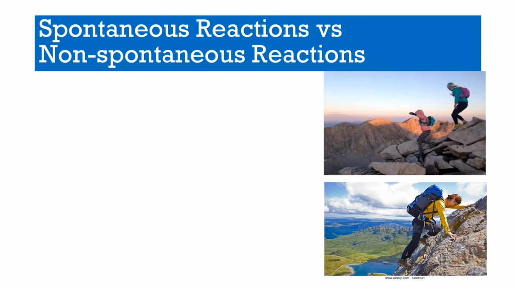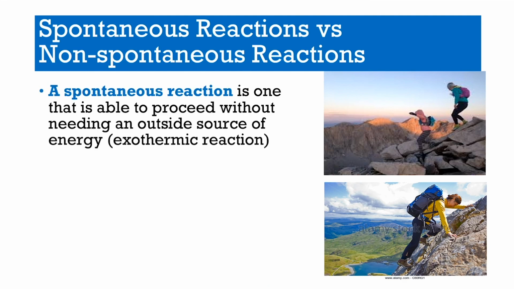The two types of reactions that can occur are either spontaneous or non-spontaneous. Looking at your slide, number 3, a spontaneous reaction is one that is able to proceed without needing an outside source of energy. It is considered an exothermic reaction. In other words, heat is released.